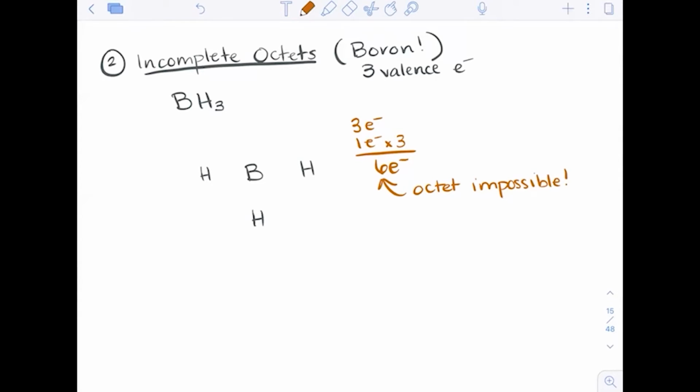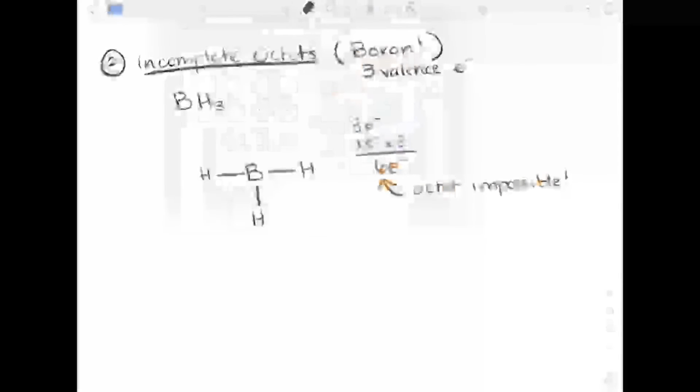And so when we see boron in this form, we know that an incomplete octet will be found. Anytime you see boron, he doesn't need his octet. We'll talk about formal charge in a little bit. But with boron in its neutral form, he's quite happy right here. 3 electrons makes 3 bonds, incomplete octet. When we talk about formal charge on the next slide, we'll talk about why that is okay.